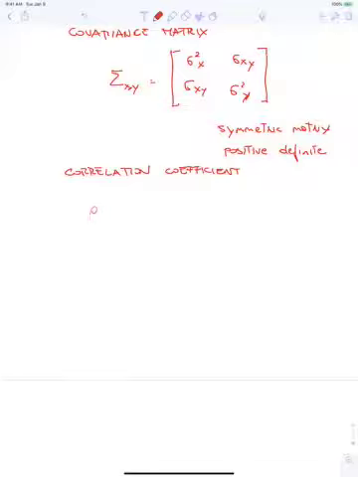The definition is we generally use rho of x and y, and this is the covariance between x and y divided by the standard deviation of x times the standard deviation of y. By definition, this quantity is in between -1 and 1.